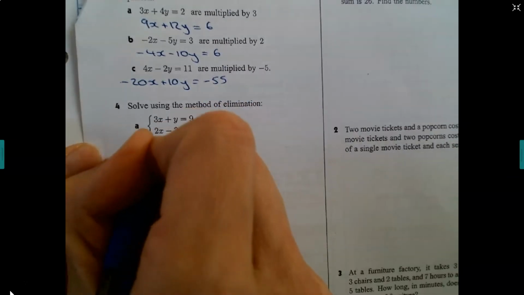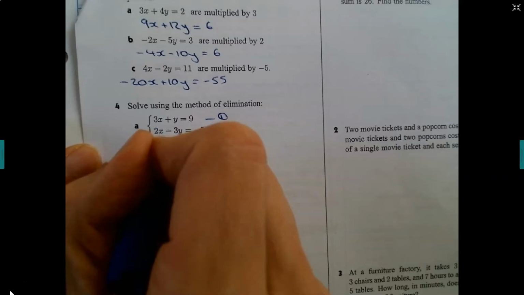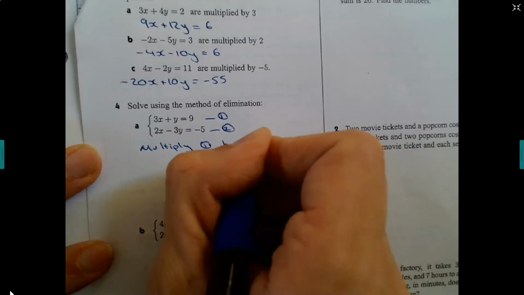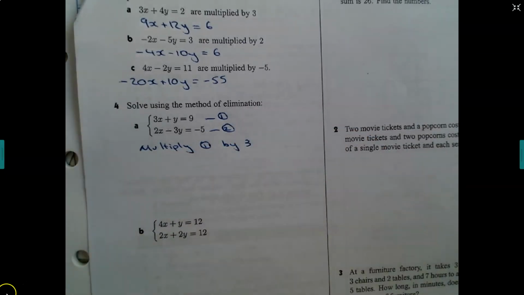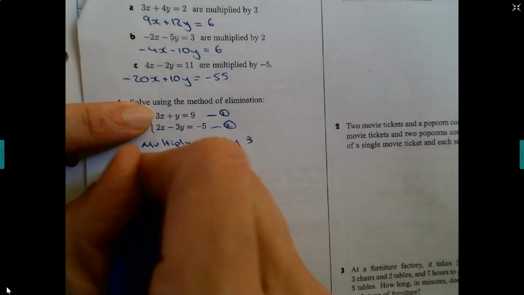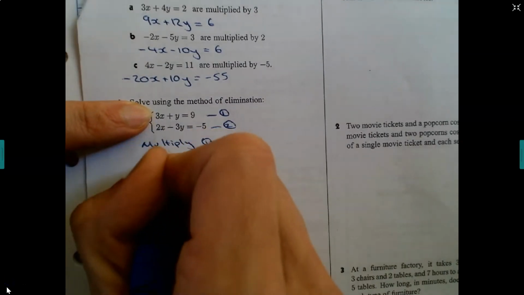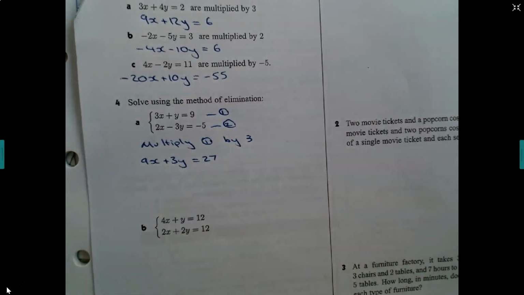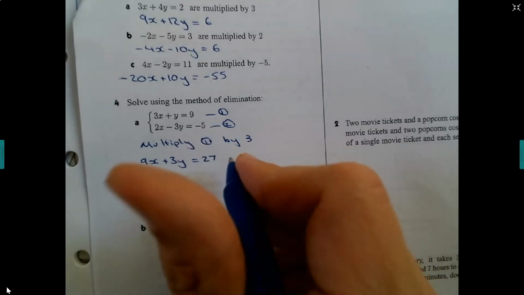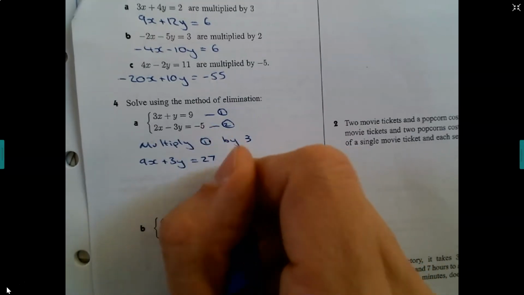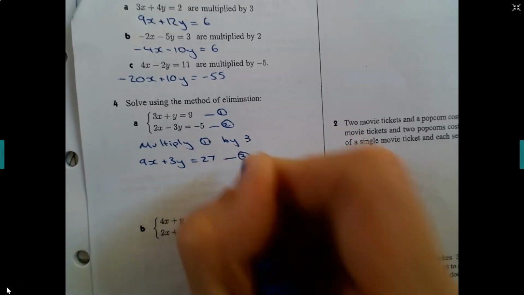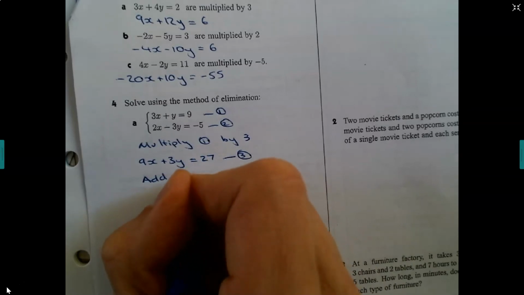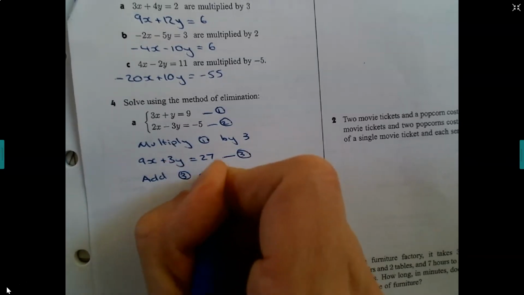Let's multiply one by 3. So this is going to become 9x plus 3y is equal to 27. And I'll call that equation 3. So now add 3 and 2.